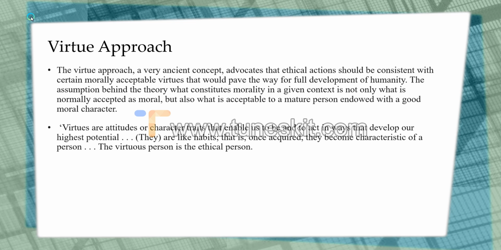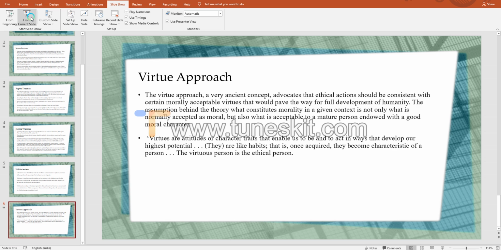Actually, this much for today. If you look at the syllabus, you can see in the third unit we have taken this topic, and the points that we have covered are right theories, justice theories, utilitarianism, and virtue approach.